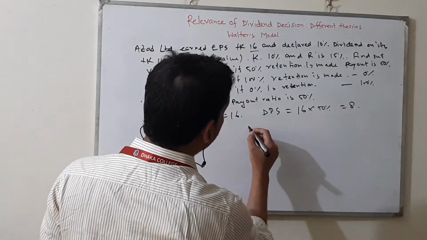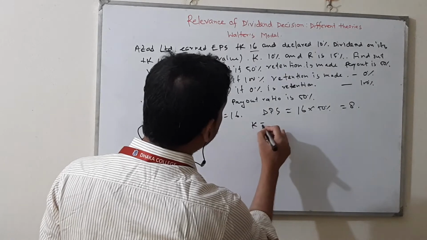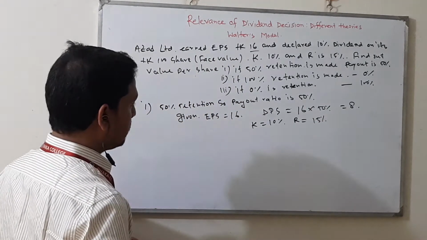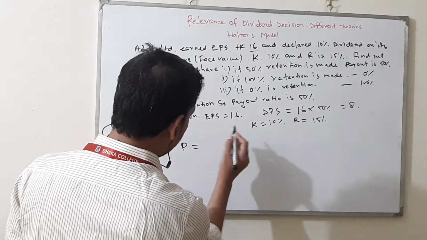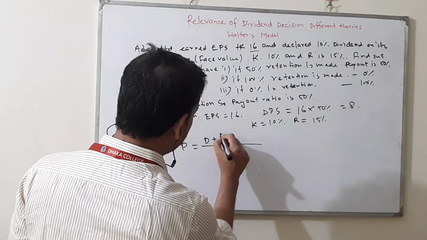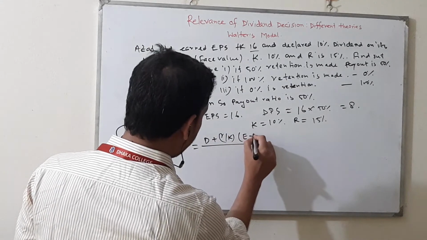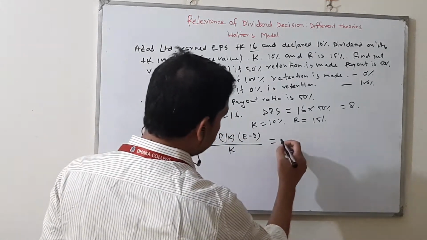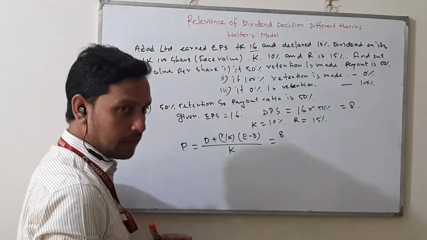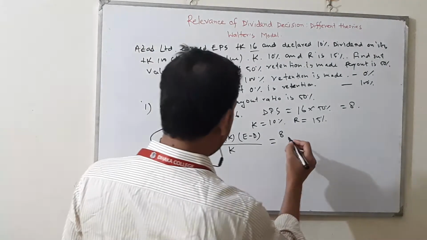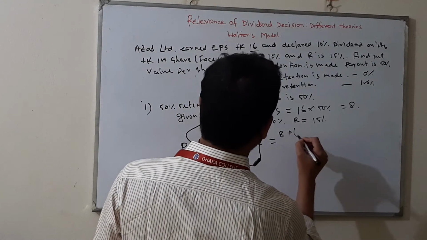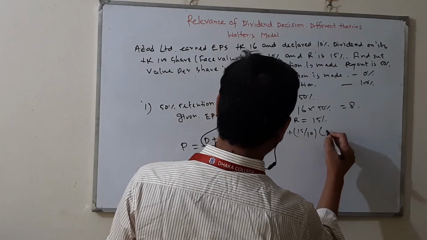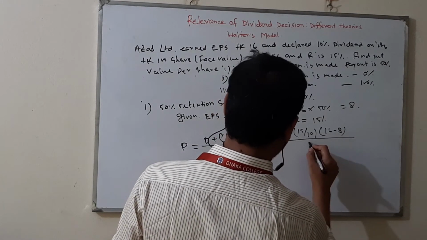Then here K is 10% and R is 15%. Okay, so P equals D plus R by K into E minus D divided by K. So DPS is 8 taka. 8 plus R is 15 divided by 10 into 16 minus 8 divided by 10%.